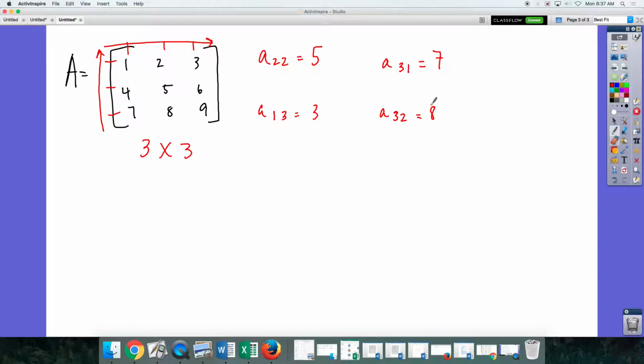All right, so remember, rows are left to right. That's row 1, row 2, row 3, column 1, column 2, column 3. Okay, you have to make sure you understand the whole row by column idea.